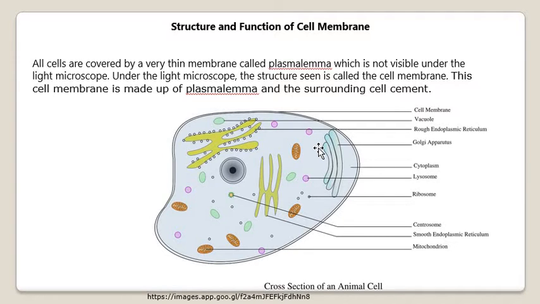So the cell membrane is made up of a plasmolemma and surrounding cell cement, right? Plasmolemma along with the surrounding cell cement forms a cell membrane, and this plasma membrane may be protected by other coverings, like the plasma membrane of the egg, which is supported by the vitelline membrane.